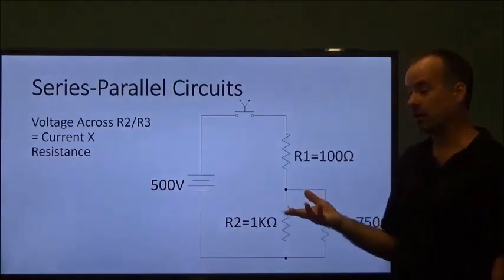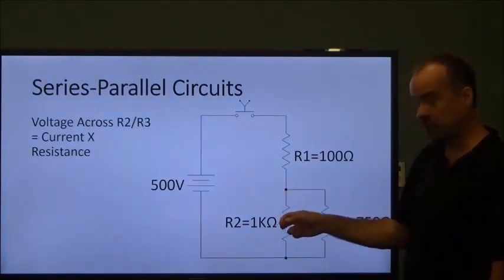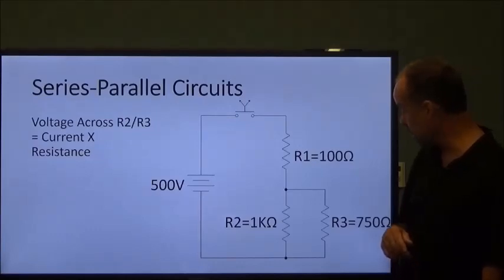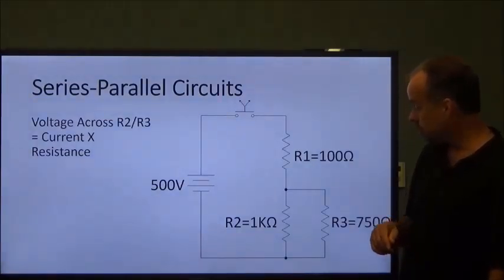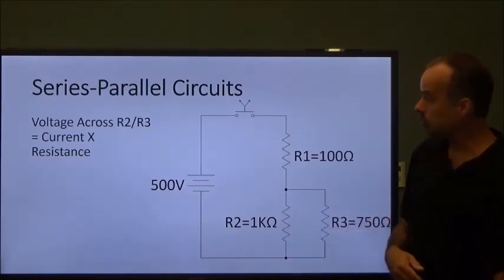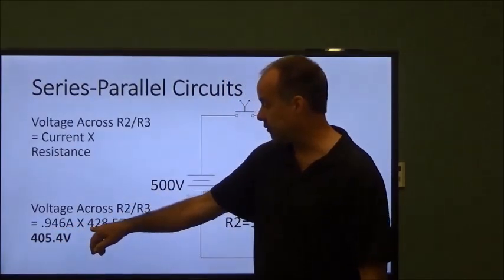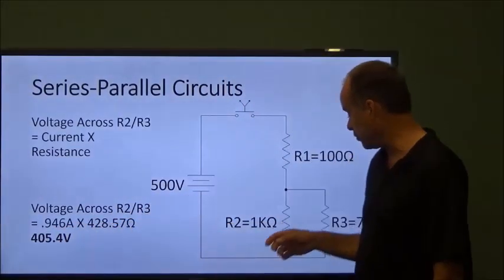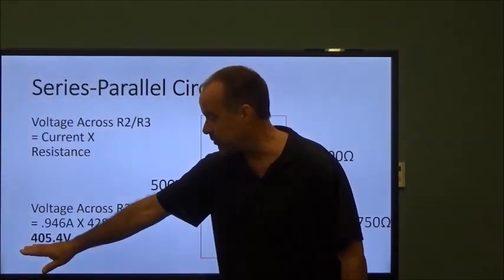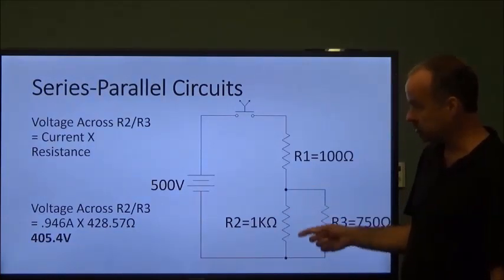Our current again was 0.946 amps, and for the resistance, we take the equivalent resistance that we calculated earlier to determine the voltage across this network. So 0.946 amps times 428.57 ohms shows that I've got 405.4 volts dropped across these two resistors.